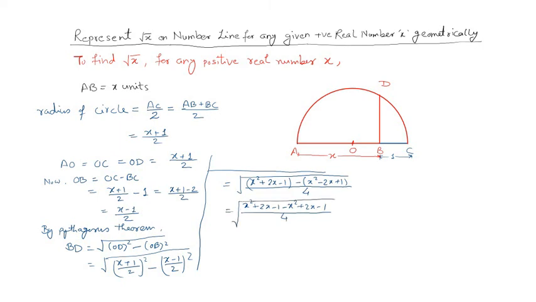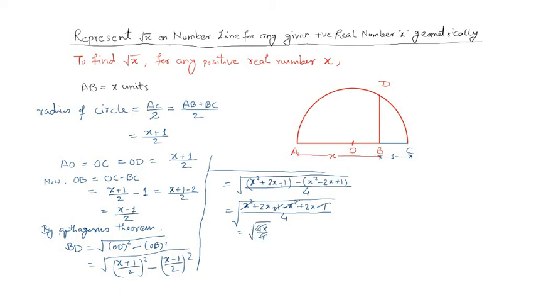The x square cancels out, and this 1 and 1 cancel out. It becomes 4x, so we can say 4x by 4.